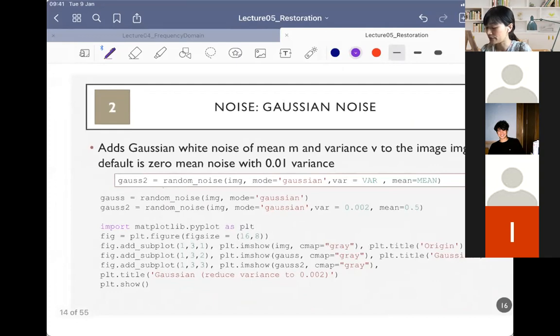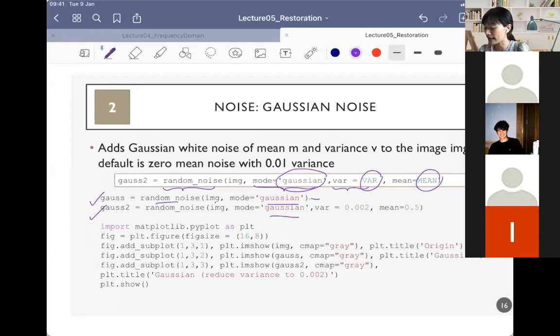In the same way, you can use random_noise with the mode set to Gaussian. You can configure the shape of your Gaussian distribution by the variance and the mean value. So let's see the example. I have created images that have been affected by Gaussian noise.